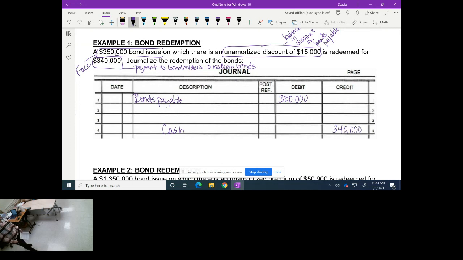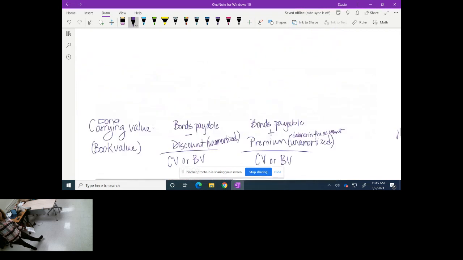Okay, so now we've got this other stuff. When you make an entry to record a bond issue and you have a discount, what's the normal balance of discount? Is it a debit or a credit? Do you remember? It's a debit.